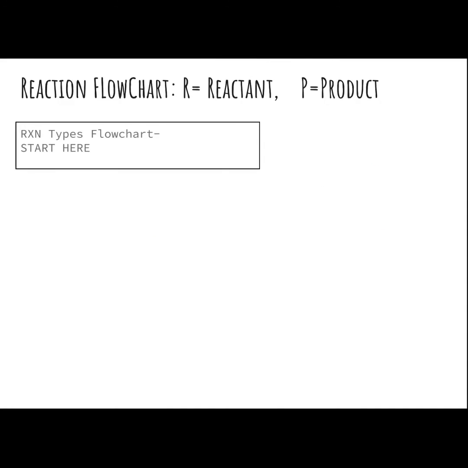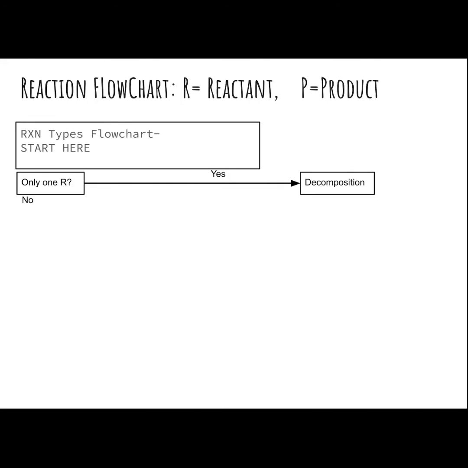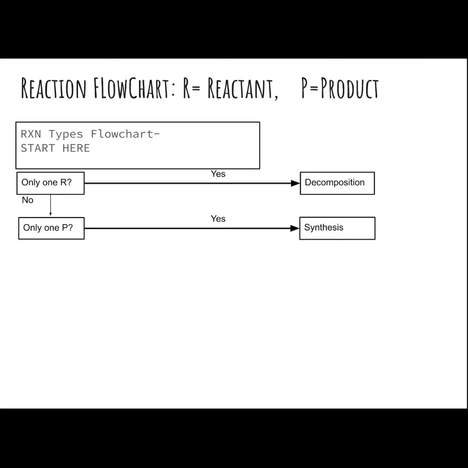Okay. We also have this little flow chart that's super helpful. I believe this is on your notes, but I can't remember. So you can ask yourself these questions. Is there only one reactant? If you say yes, then it's a decomposition reaction. If you say no, then you go to the next question. Is there only one product? If you say yes, there's only one product, then it is a synthesis reaction. Okay?